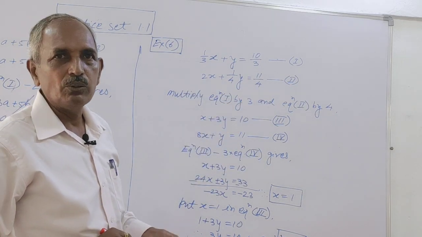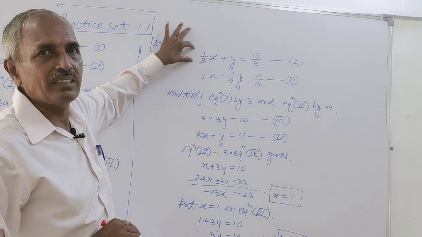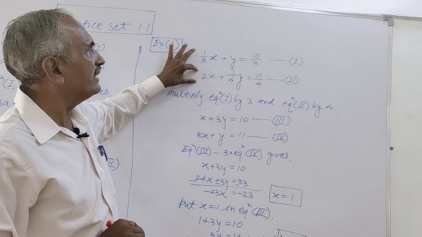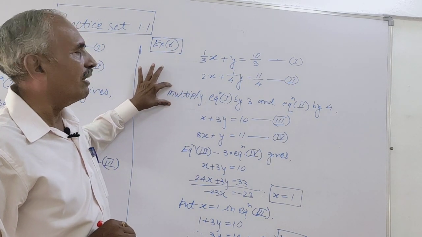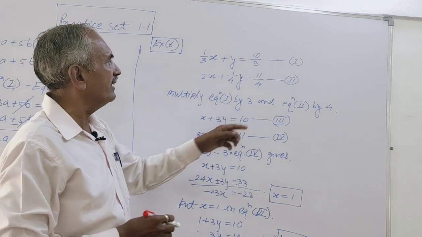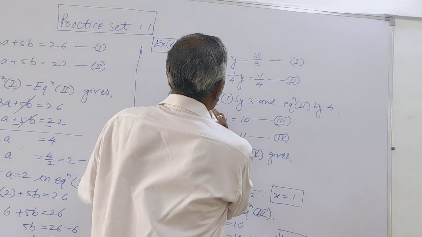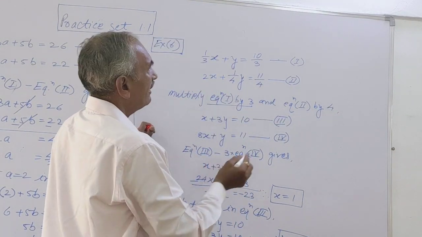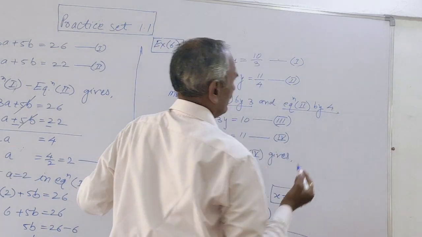So what will I do? I will multiply equation number 1 by 3 and multiply equation number 2 by 4. That is what I will write: multiply equation 1 by 3 and equation 2 by 4.